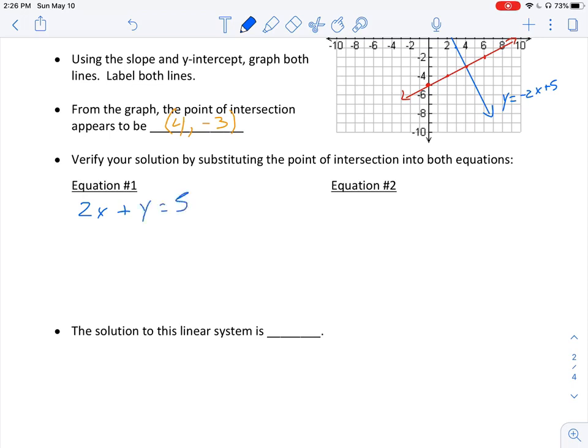I know my x value is 4, so we have 2 times 4 plus my y value, which would be negative 3, equals 5. I end up getting 8 minus 3 equals 5. 5 equals 5, and the left side equals the right side.